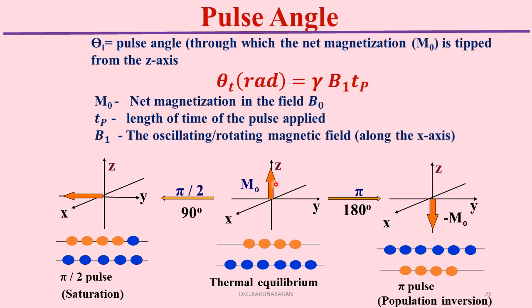If the length of time of the pulse is very small, then it will be tilted by 20 degrees, 10 degrees, etc. Therefore, the pulse angle depends on the applied radio frequency pulse magnetic field, and also on the length of time of the pulse.